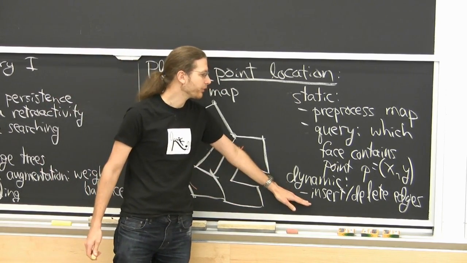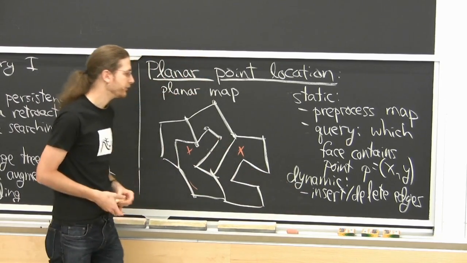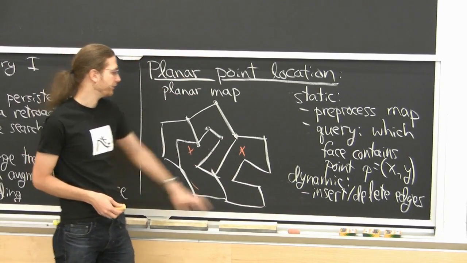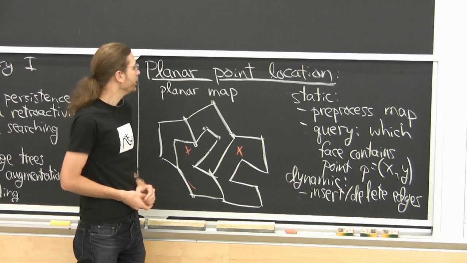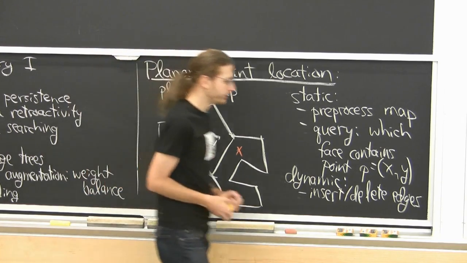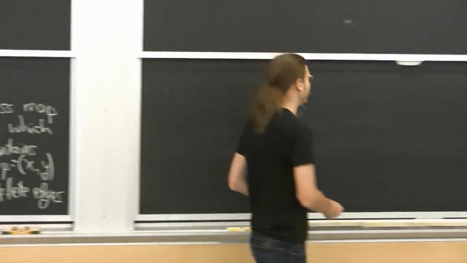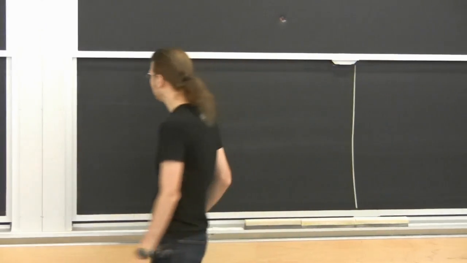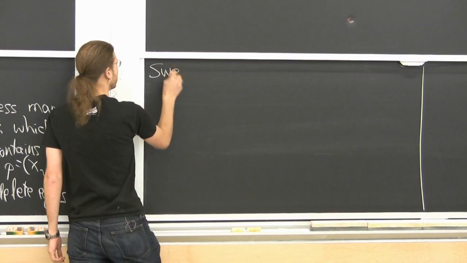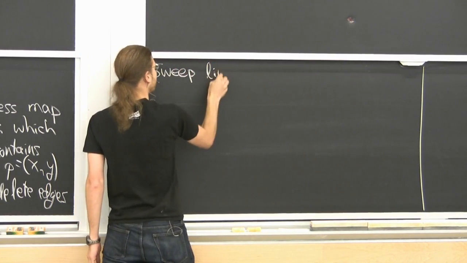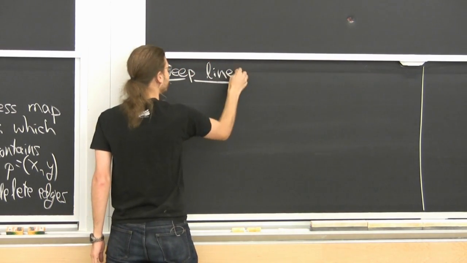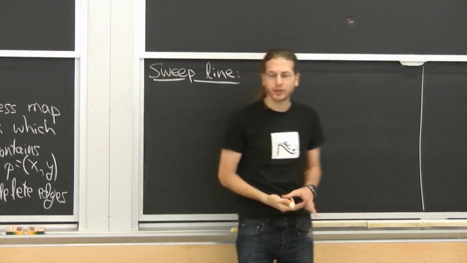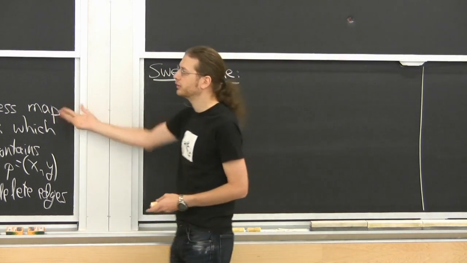As long as you don't have crossings introduced by inserting edges, you can change things. So that's obviously harder. And we can solve this problem using persistence and using retroactivity in a pretty simple way. Using a technique which you may have seen before, pretty classic technique in computational geometry. So this is a technique that comes from the algorithms world, and we're going to apply it to the data structures world.